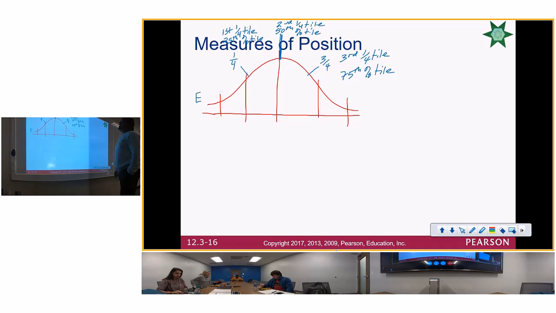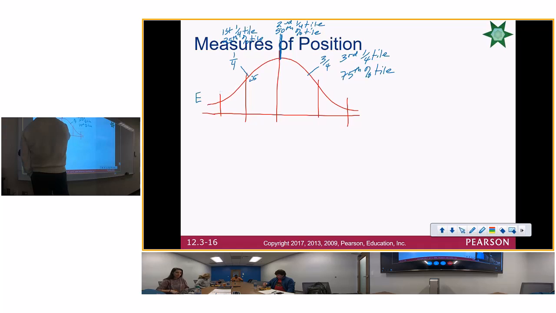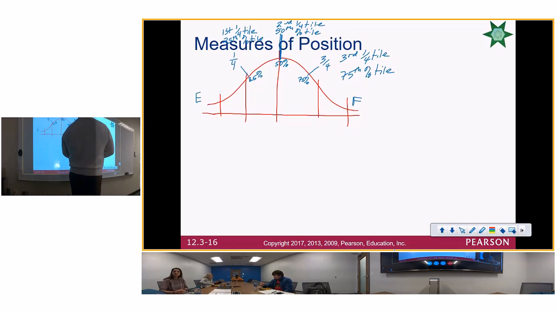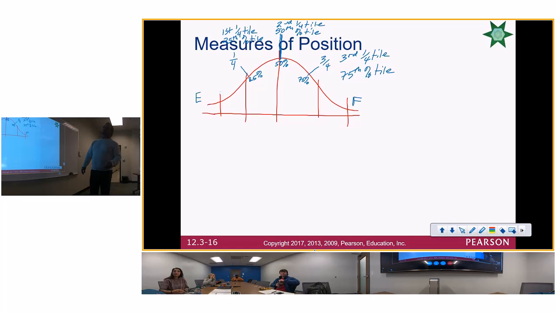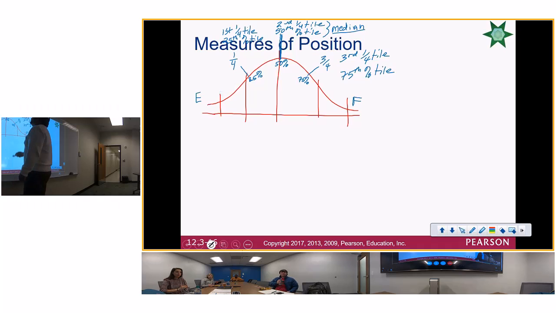Okay, so you're talking about empty, 25% of your data, 50% of your data, and 75% of your data. And this over here is 100% of your data. Also make a note, your 50th percentile or your second quartile is also called your median.